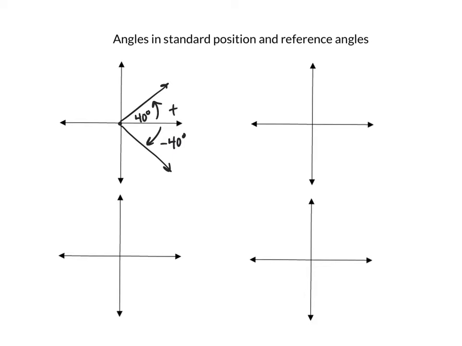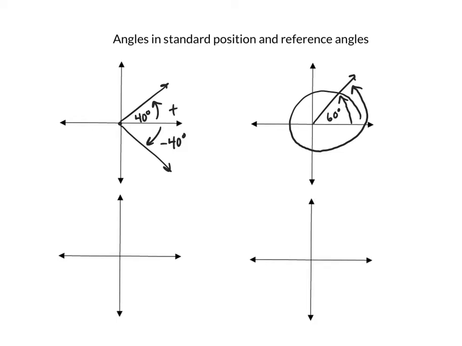Now, the way it works is if I have an angle of, say, 60 degrees, as I go around the origin and I keep going and I get back to the angle, this angle is considered to be equivalent to 60 degrees.